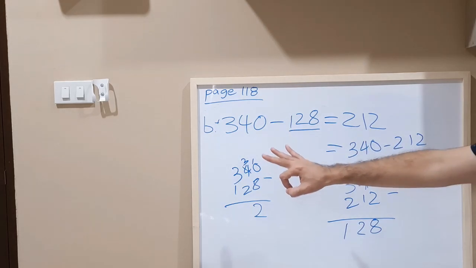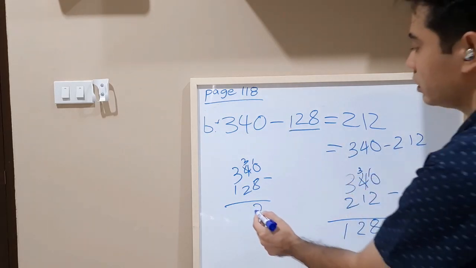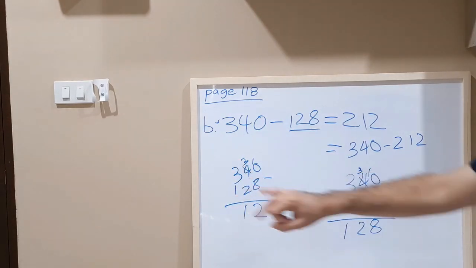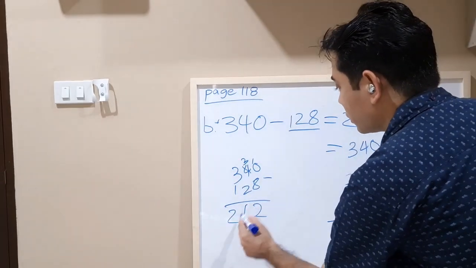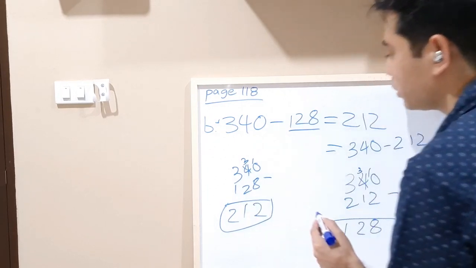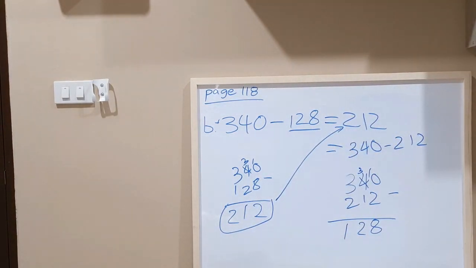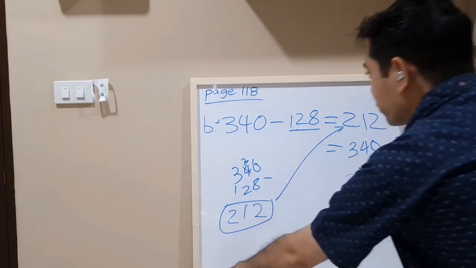And 3 take away 2, 1, 2, 1. And 3 take away 1, it's 2. So it's 212. Is it the same? It's the same, right? So this is the answer to get this one. Now we can go to letter C. So I will erase.